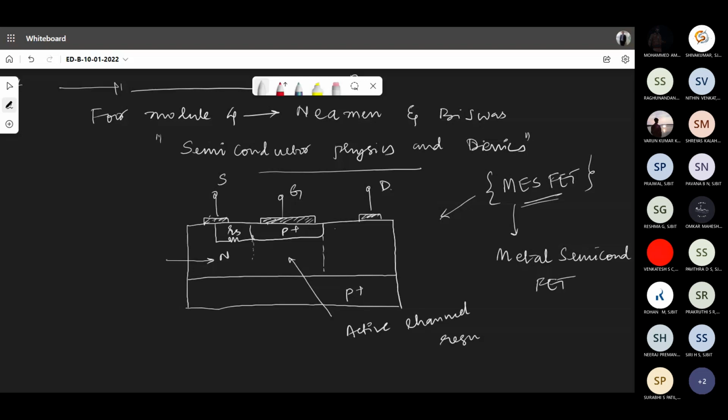This region is what is called the active channel region. Let me show it with an arrow. This is the active channel region. Whatever happens beyond this active channel region is the minimal effect that you observe.